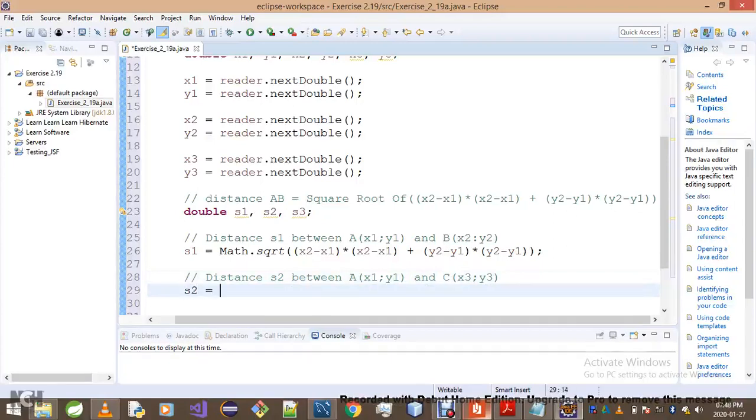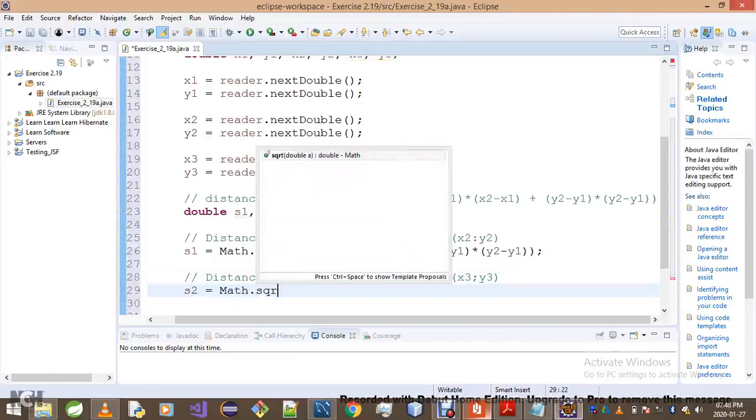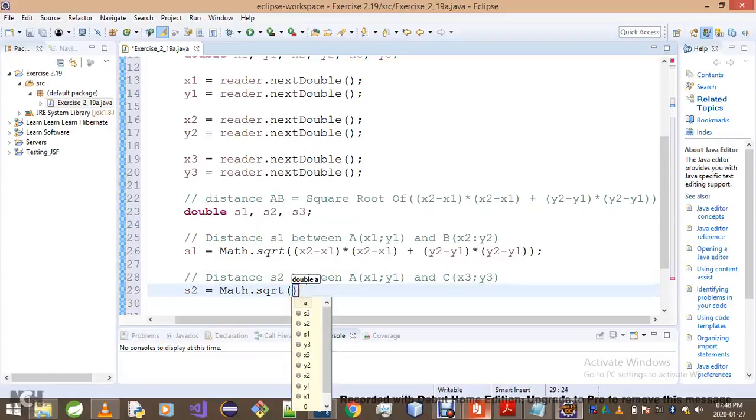The distance S2 is simply going to be math dot square root of, this time around, since it's the distance between A and C, x3 minus x1.